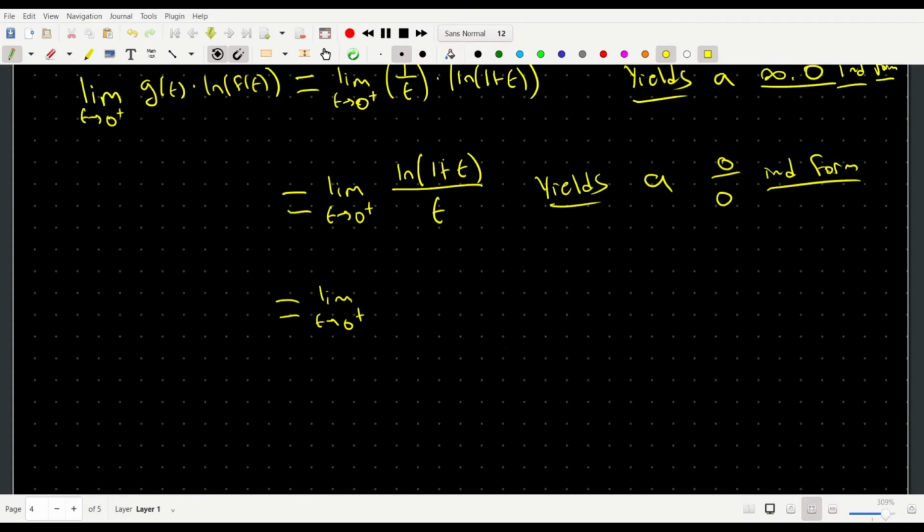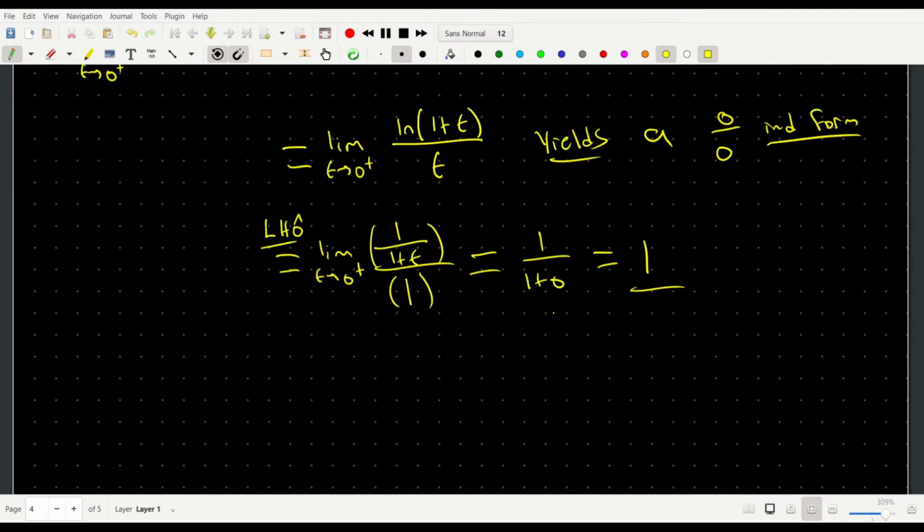When we do this, the derivative of natural log of 1 plus t is 1 over 1 plus t, and the derivative of t is just 1. This is after we've applied L'Hopital's rule. And this limit is exactly 1 over 1 plus 0, or 1.